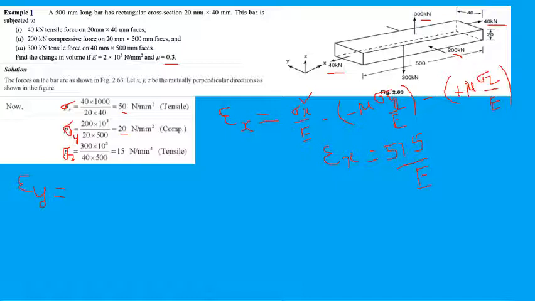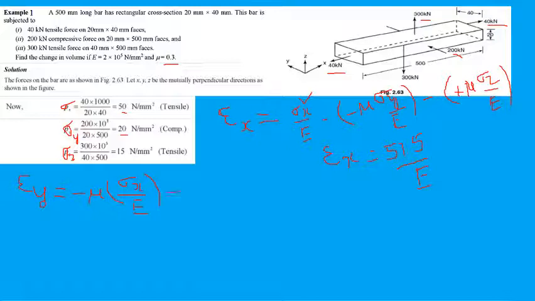Therefore, across the x-axis there is a change, so negative, and it is a lateral strain, therefore mu into sigma x by E, because it is a lateral strain.